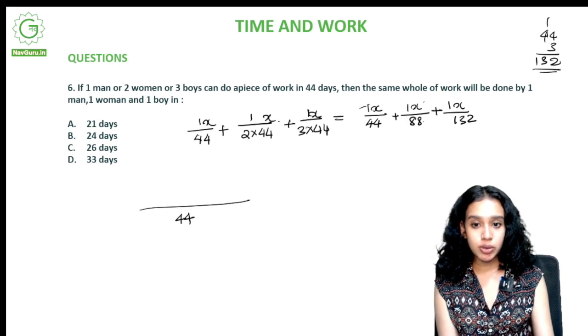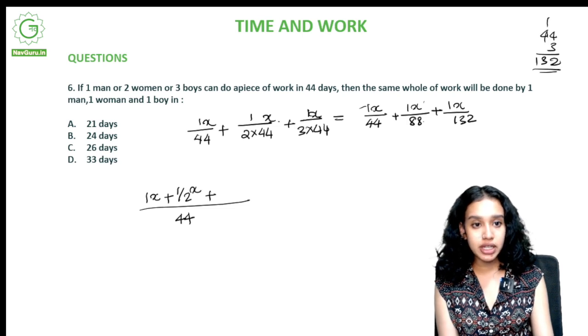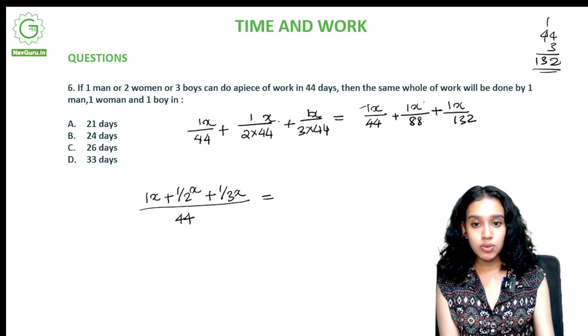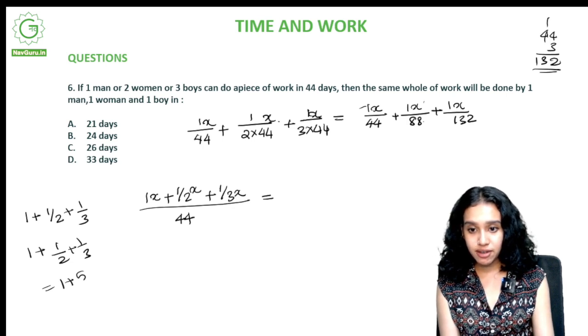So first value would be 1x, second value would be 1 by 2x, and third value would be 1 by 3x, which would be equal to 1 plus 1 by 2 plus 1 by 3, right? So 1 plus 1 by 2 plus 1 by 3, 1 plus 3 plus 2 is 5, 5 by 6, and this becomes 6 plus 5 is 11, 11 by 6.